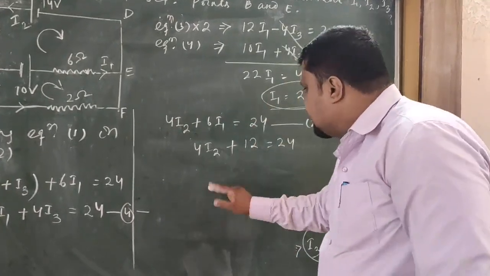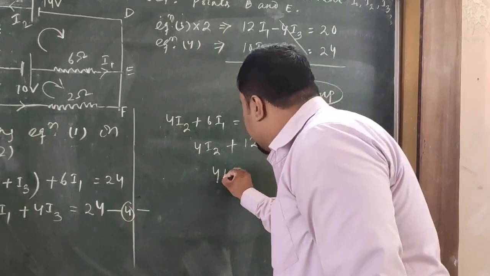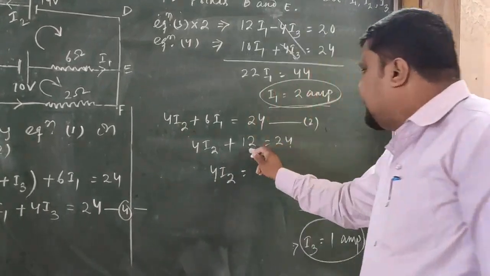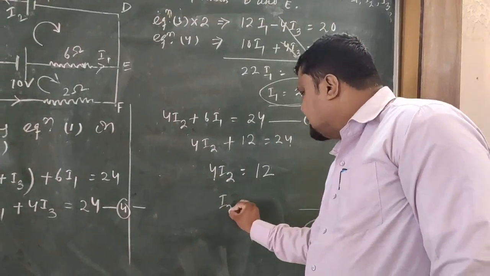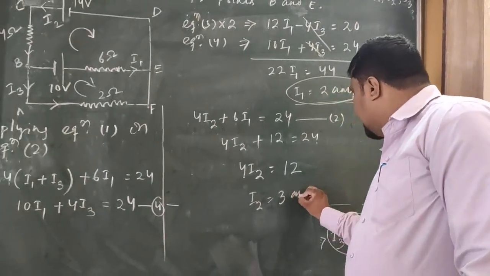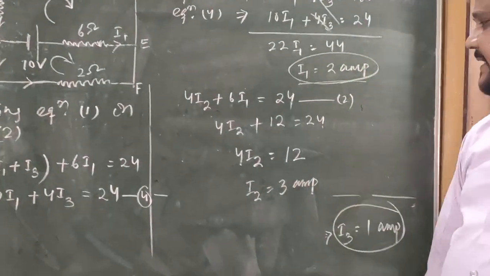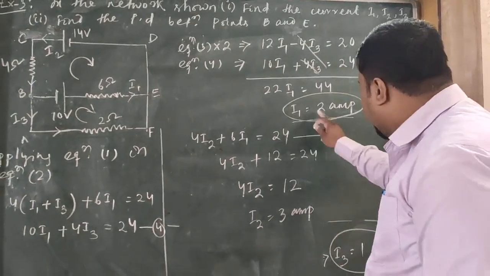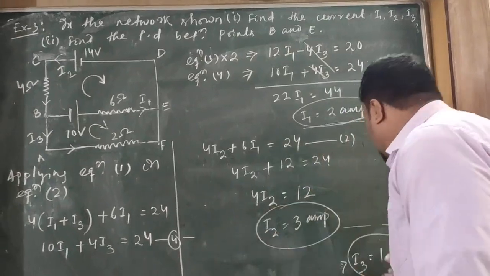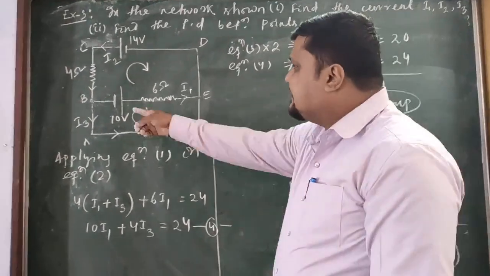So 4 I2 is equal to 24 minus 12, 12. So I2 is equal to 3 ampere. Right? So I got the values of I1, I2, I3.